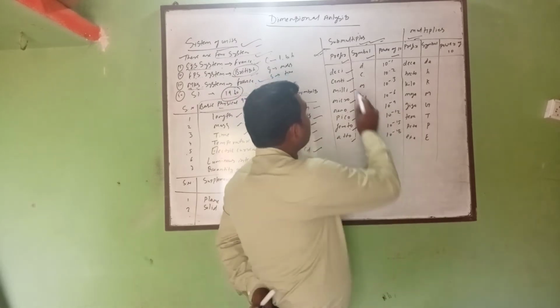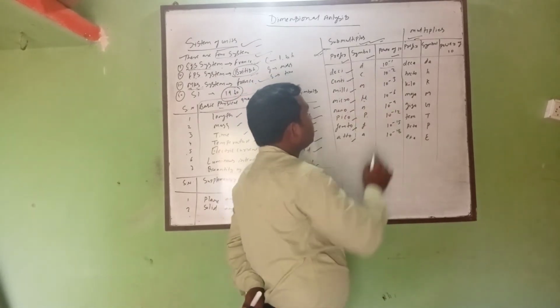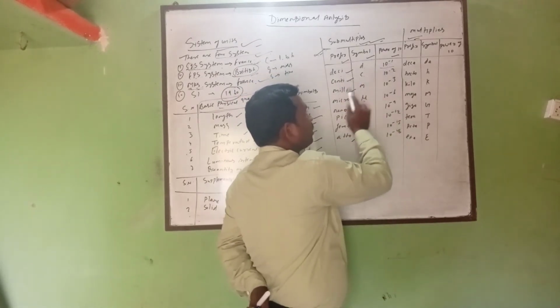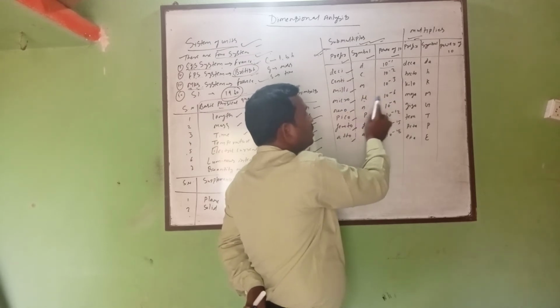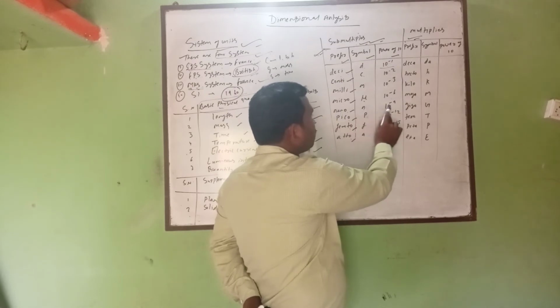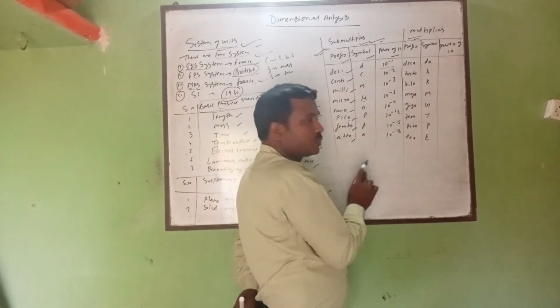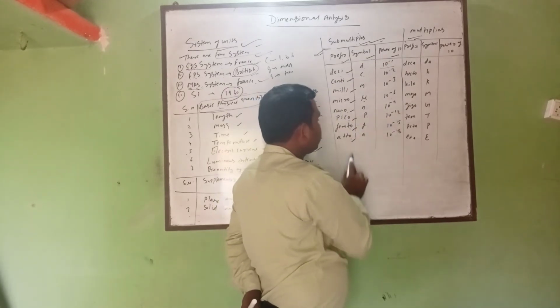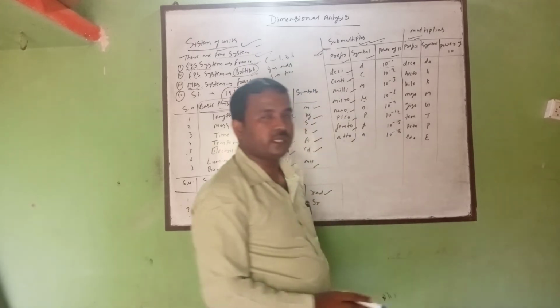Deci is 10 to the power -1, centi 10 to the power -2, milli 10 to the power -3, micro 10 to the power -6, nano 10 to the power -9, pico 10 to the power -12, femto 10 to the power -15, atto 10 to the power -18.